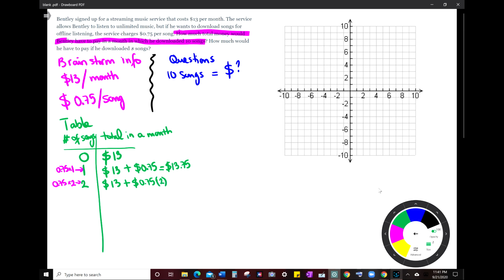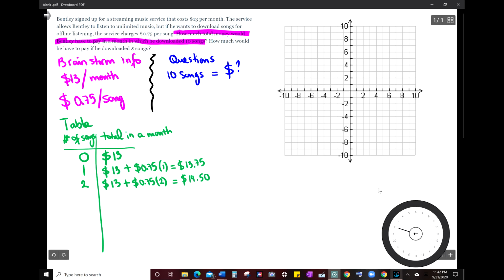So basically this is not a good way to write it, so maybe I should include it in here. So times 1 right here equals $13.75, and this one gives me $14.50.